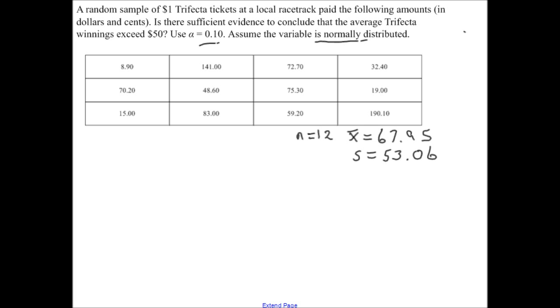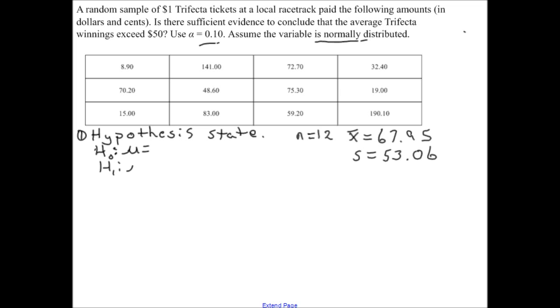And we've got the same steps as before. We've got that hypothesis statement, which consists of our null hypothesis and our alternative hypothesis. The null hypothesis, we are always using mu equals.